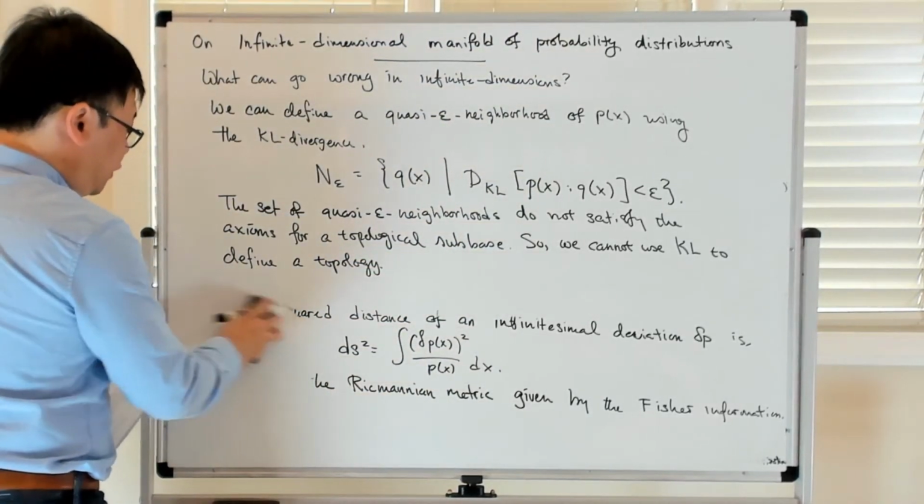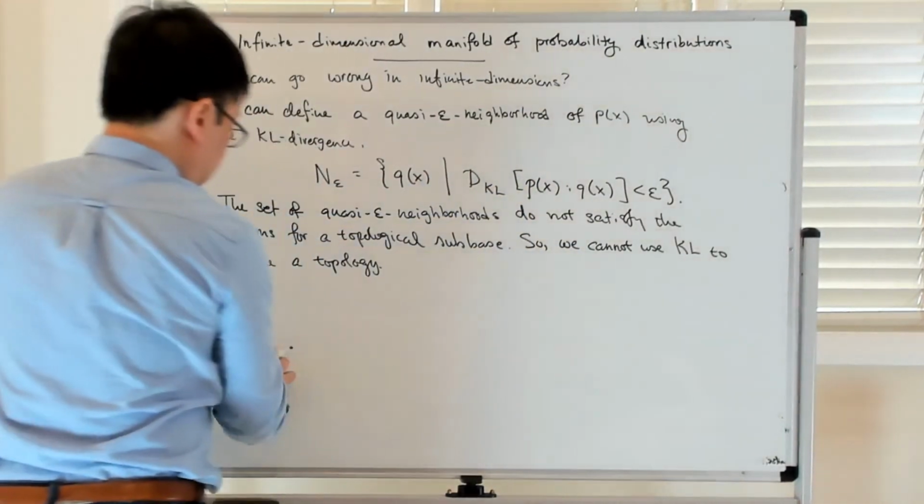So examples of other things which can go wrong are the following.